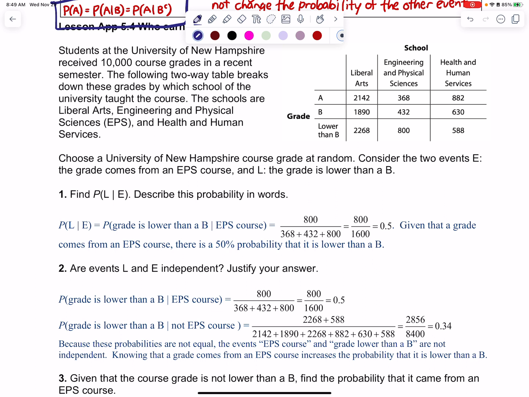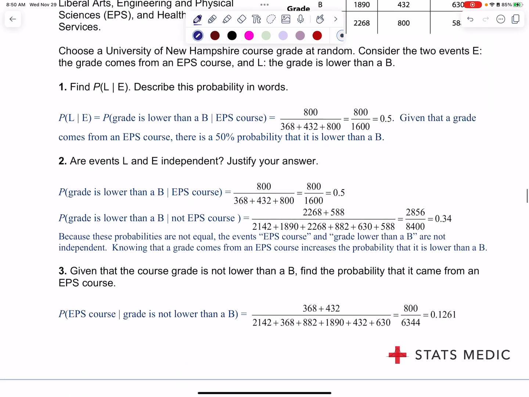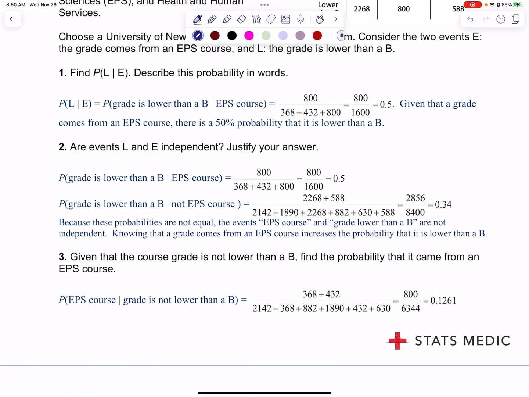And I'm going to get 0.5. Then I'm going to say, what's the probability of the next one? And I get 0.34. And then finally the last one, 0.1261.